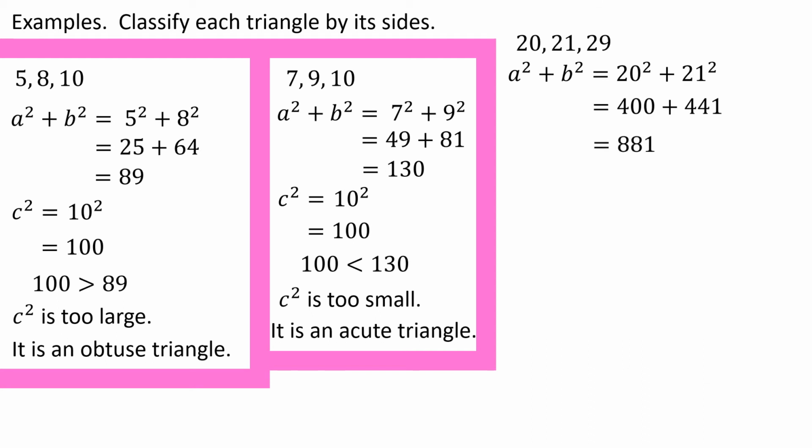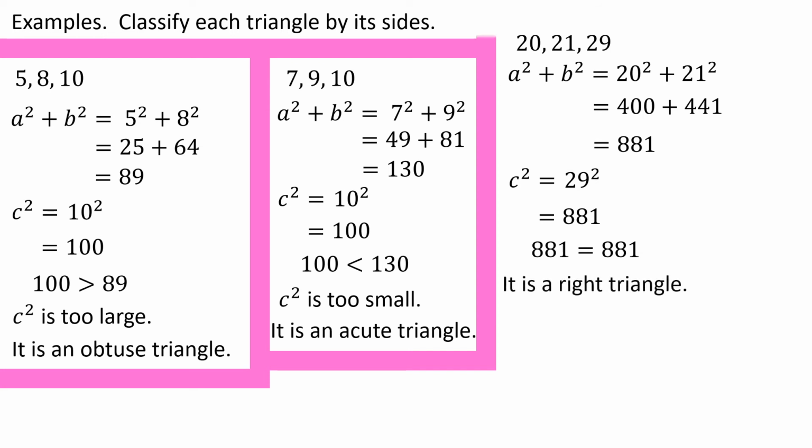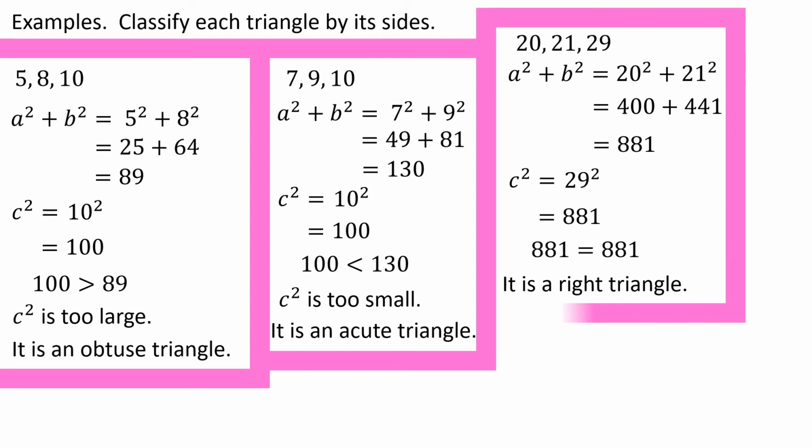What is C squared? Well, let's see, 29 squared. I'm going to come up with 841. Look at that. It's a perfect match. C squared is just right, so it's a right triangle. Isn't that just really awesome? I thought it was awesome also.